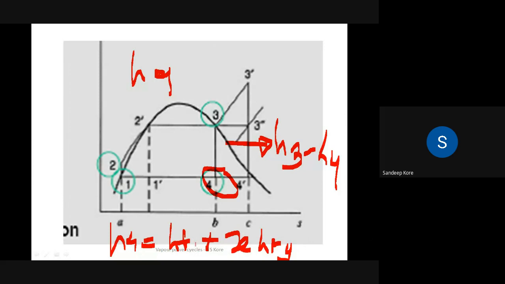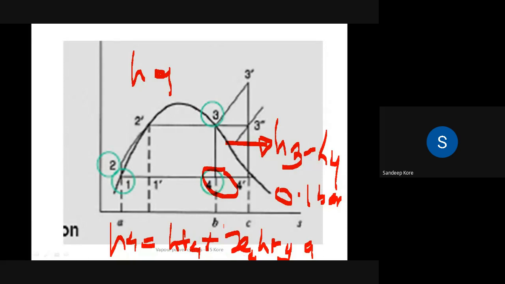So we write here Hf4 plus x4 into Hfg4. अभी Hf और Hfg कहाँ से आएगा, तो steam table से आएगा. At condenser pressure of 0.1 bar, we have to refer the properties, and then find out this Hf and Hfg. Then using this formula, we can find out the enthalpy of steam at point 4.